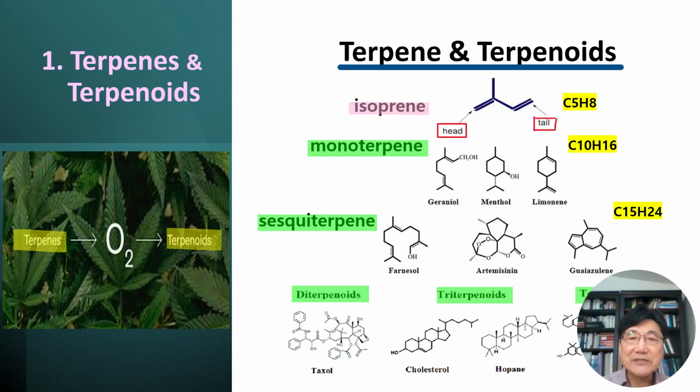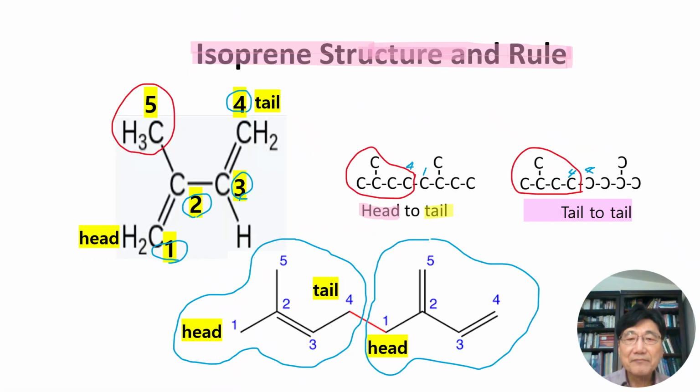They also twist and turn the molecular structure to form simple chains or three-dimensional structures. Isoprene is a volatile organic compound. This is the basic isoprene structure.